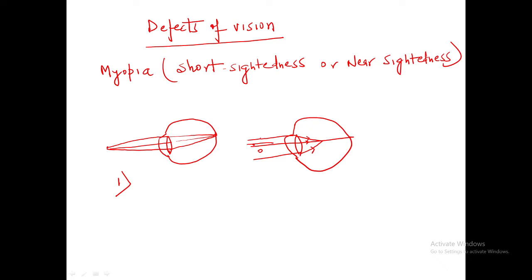So parallel rays means light rays are coming from a distance.